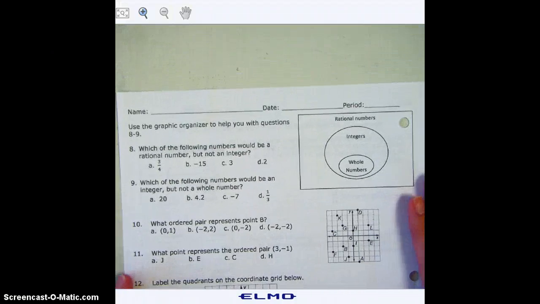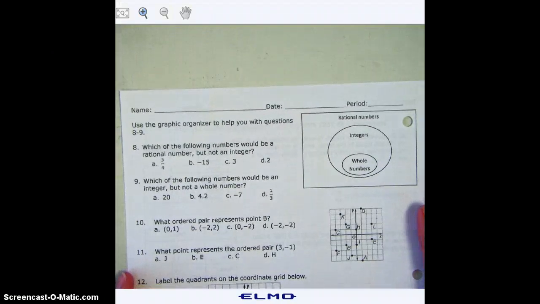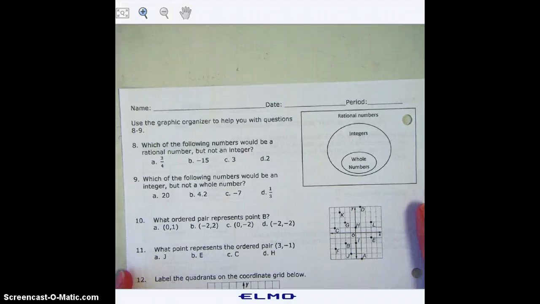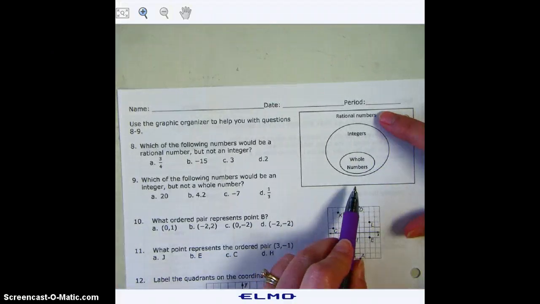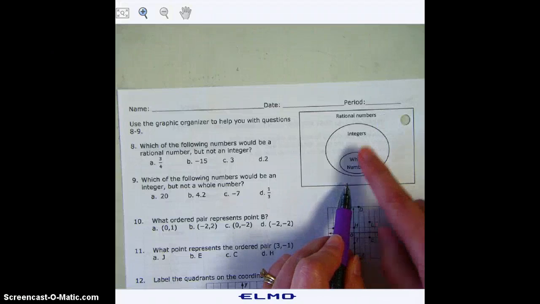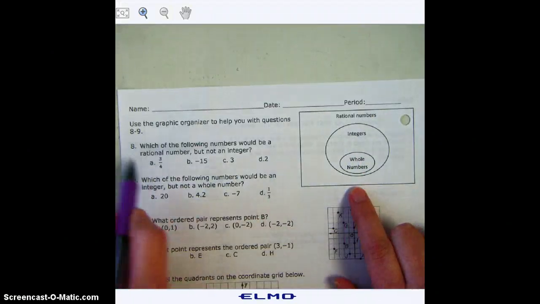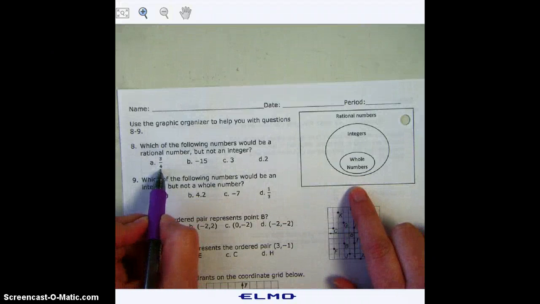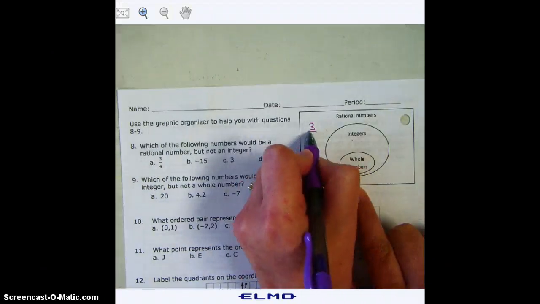Question number 8. It says, which of the following numbers would be a rational number but not an integer? Well, let's take a look at our graphic organizer here. We've got whole numbers, integers, and rational numbers. 3/4 is not a whole number, it's not an integer, but it is a rational number.